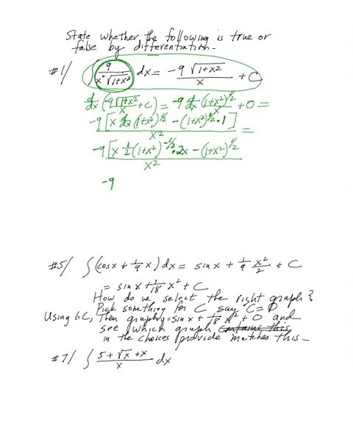Okay? This turns out nicely because notice I have a 1/2 here, and I've got a 2. 1/2 times 2 is 1. But I also have an x and an x. x times x is x squared. But that's times 1 plus x squared to the negative 1/2.